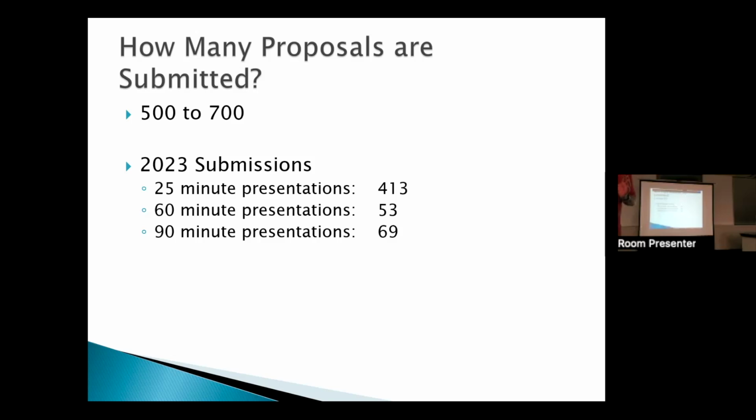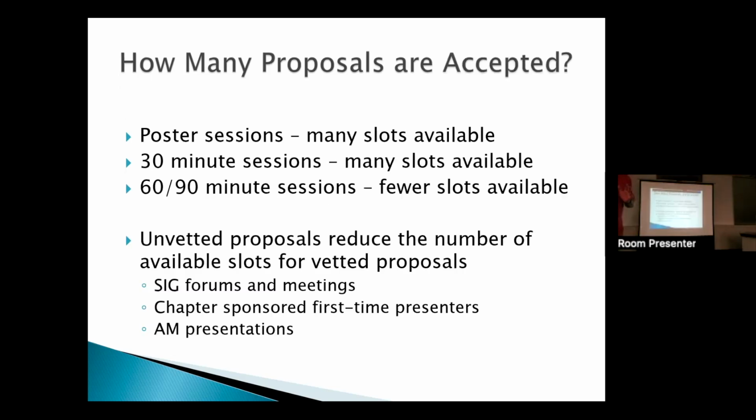So most people choose a 25-minute presentation. So we hold a lot more 30-minute presentations. But don't believe that it's impossible to get a 60-minute slot. There are actually a lot fewer submissions for that time slot.